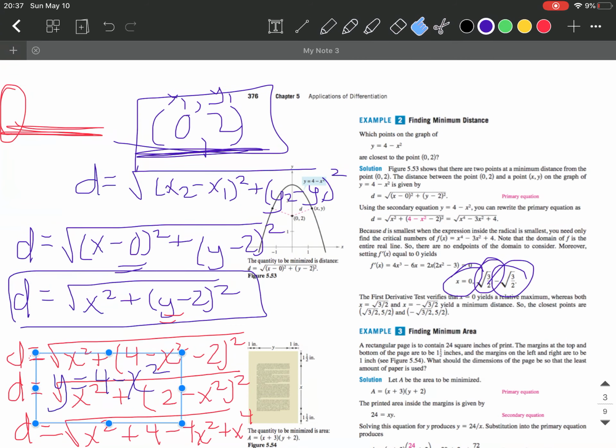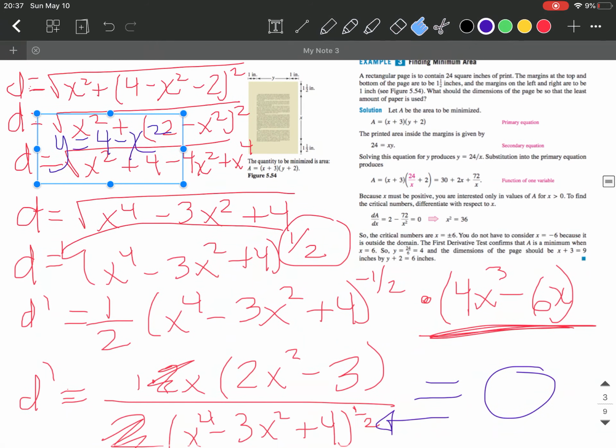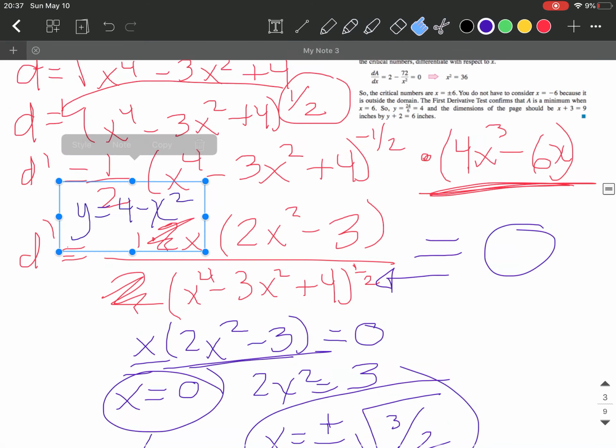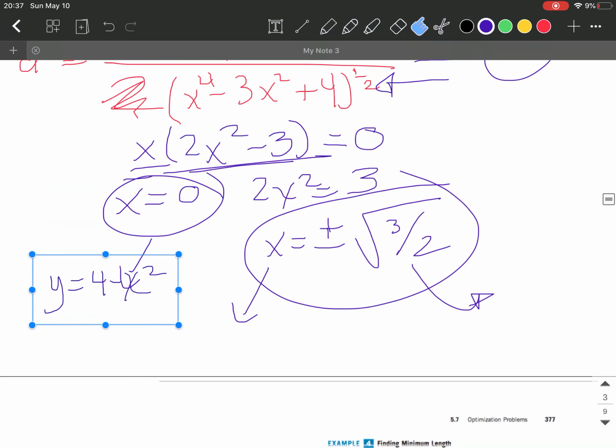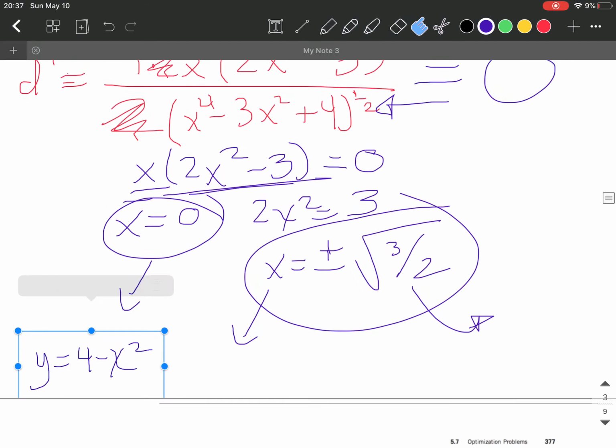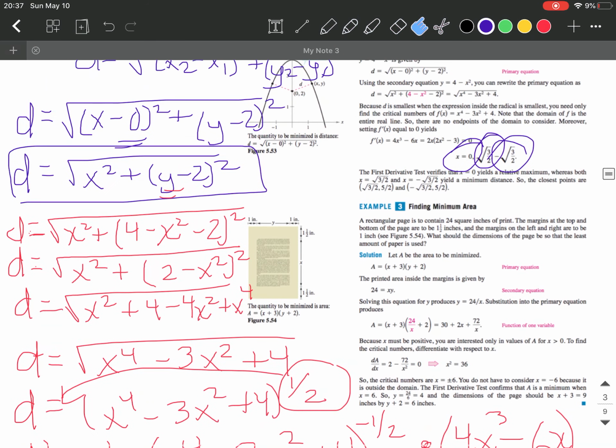Okay, let me bring it down. You would plug each one of these individually into this equation to find the corresponding y values, and then once you have those x and y values for each of those 3 points, you would plug them into the distance formula over here.